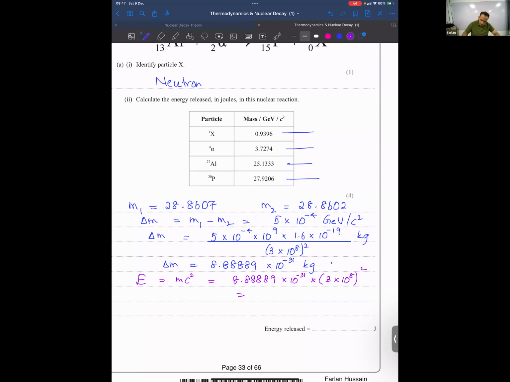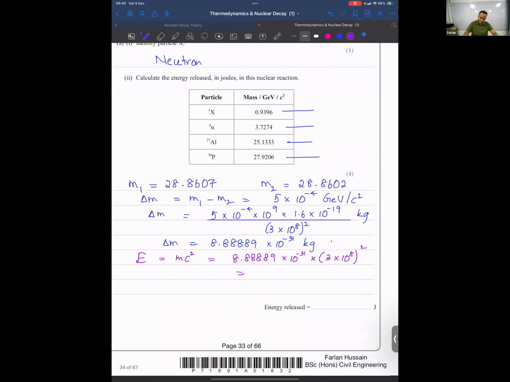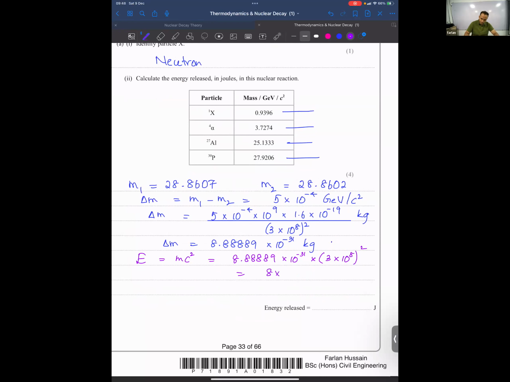Is it 8 into 10 to the power minus 14? Are you getting this answer? Correct.